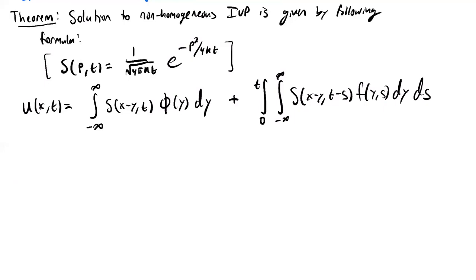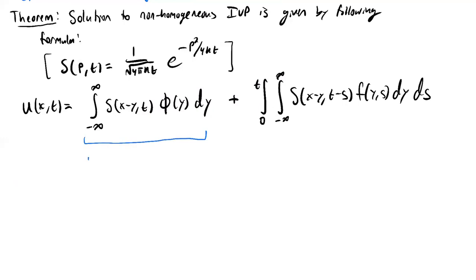If you're given your initial condition phi, you have this homogeneous term, which is the same as what we saw in the homogeneous case. And if you're given your other function f, you just plug it into this formula, and that will give you the solution. I said this verbally, but I should write this out.